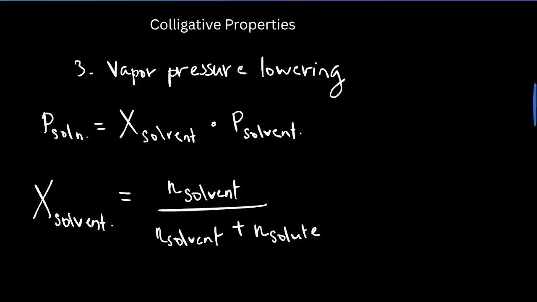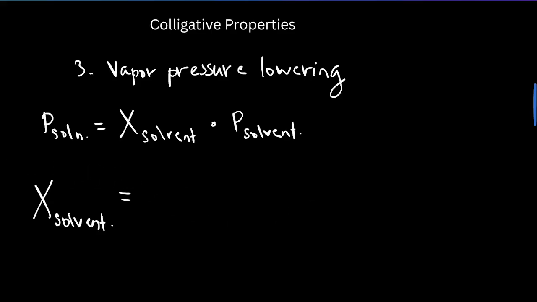So let's say we were looking at a saltwater solution. In that case, the mole fraction of our solvent would simply be the number of moles of water divided by the total number of moles. So that's the number of moles of water plus the number of moles of salt.